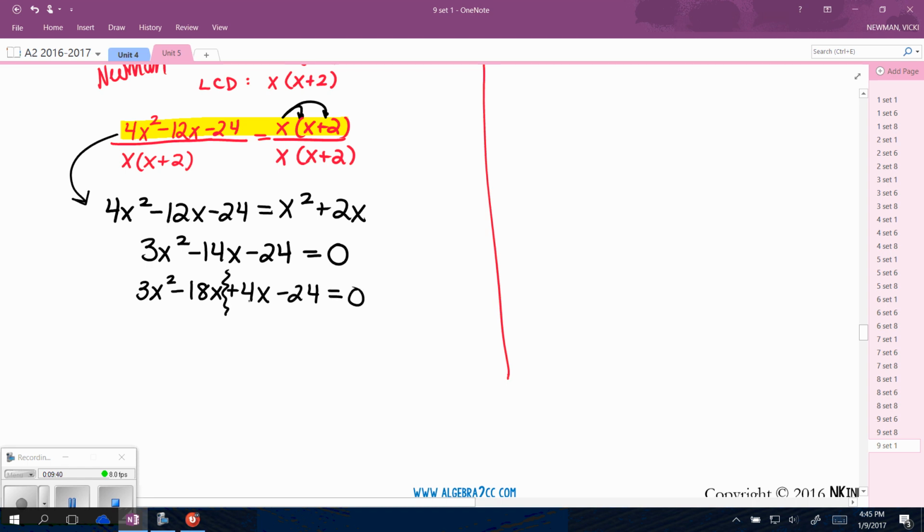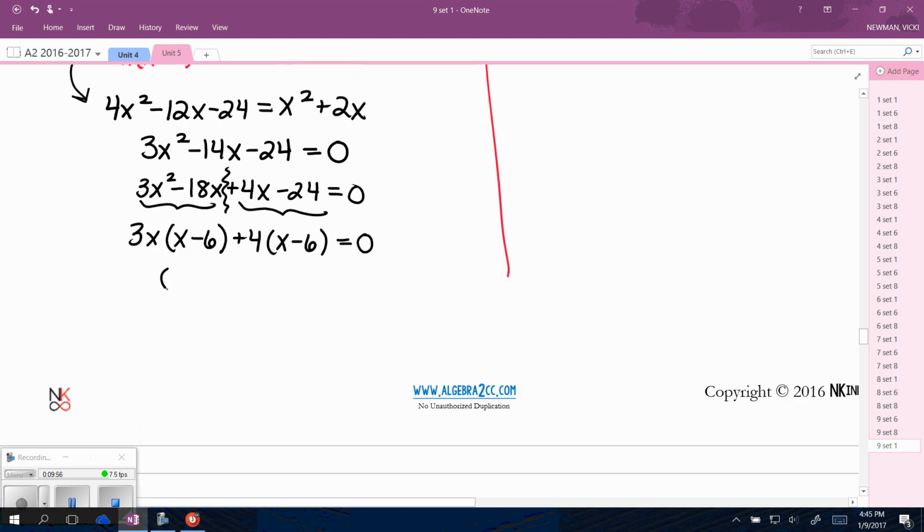And then we can split down the center. Take out a 3x, you get x minus 6. Take out a 4, you get x minus 6. So your factors are x minus 6 and 3x plus 4. So x equals 6, 3x equals negative 4, x equals negative 4 thirds.